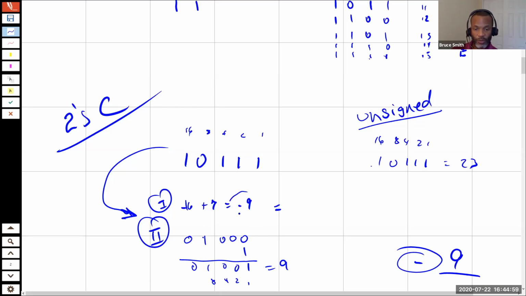So no matter if you do it the shortcut way, where you take this guy and make him negative and add the others as positive, you should get the same value that you would get from inverting the bits like we did here and then adding 1. So this is how we get the 2's complement. Flip the bits and add 1.